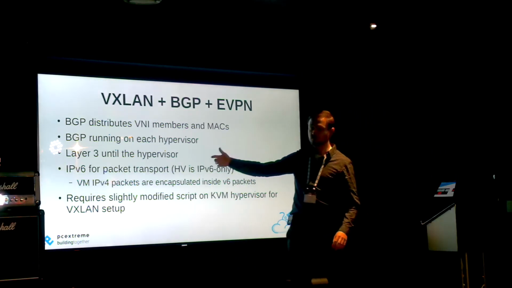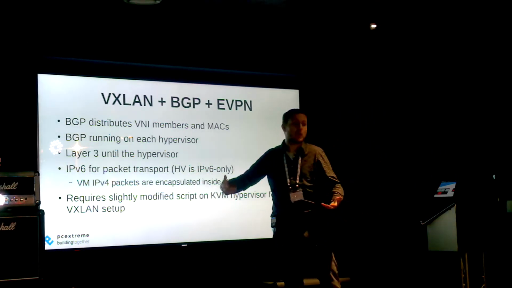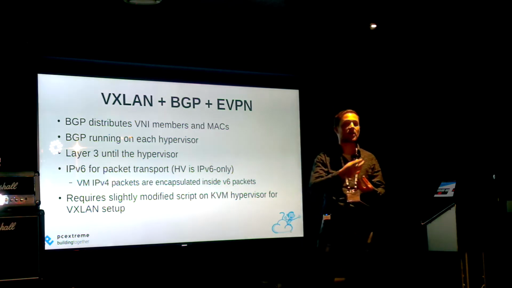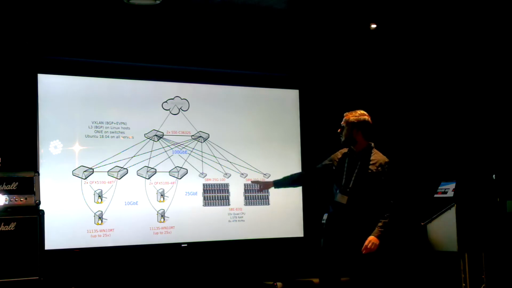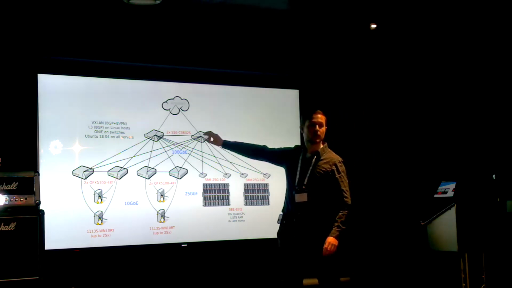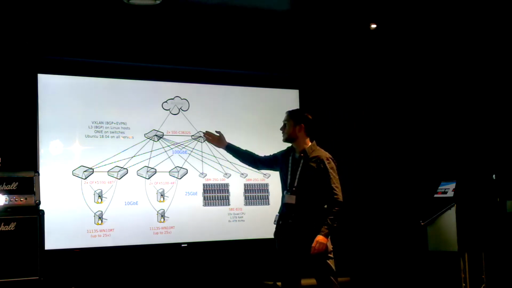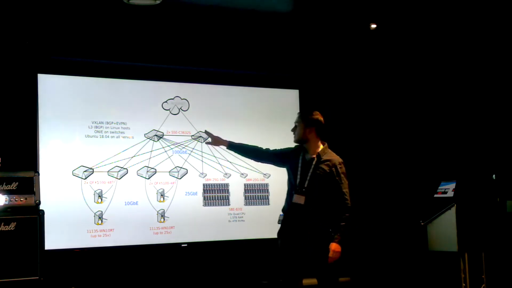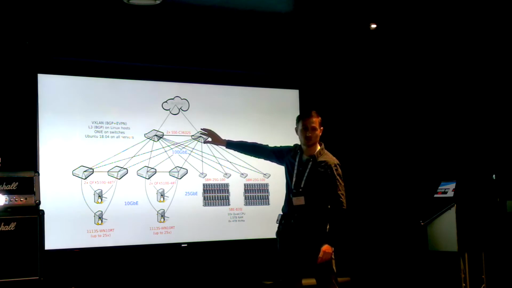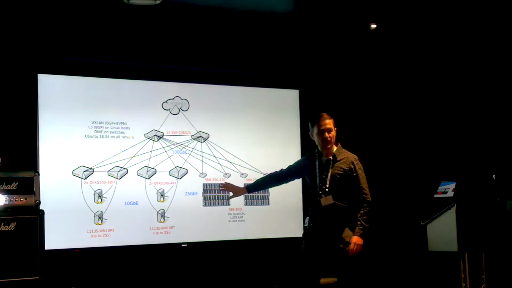And then the virtual machine IPv4 or IPv6 packets are encapsulated inside these v6 packets from the hypervisor being sent towards the router. It decodes the packets, and using regular BGP, they are sent towards the internet. So the VXLAN stays between the Cumulus switches and the blade chassis.